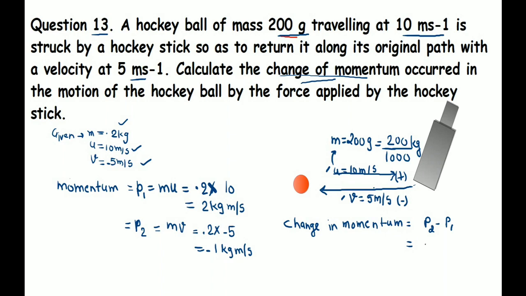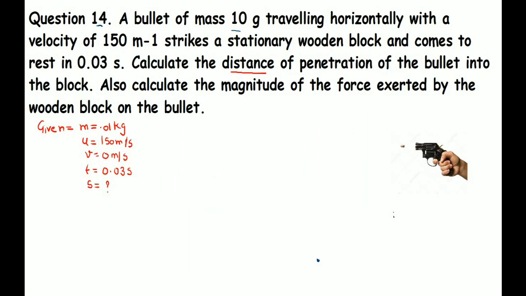At all the places of v, we can put a minus sign. Now minus 1 minus 2 will become minus 3 kg meter per second. The minus sign shows only that the change of momentum is in the opposite direction, correct?